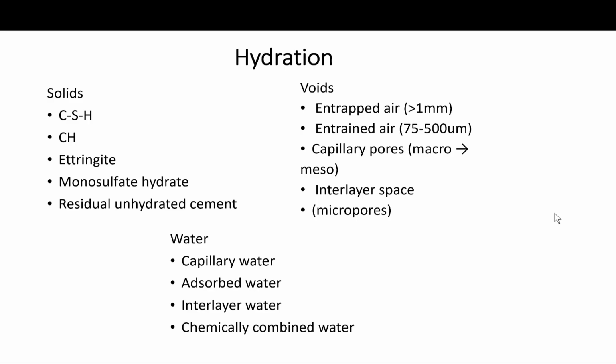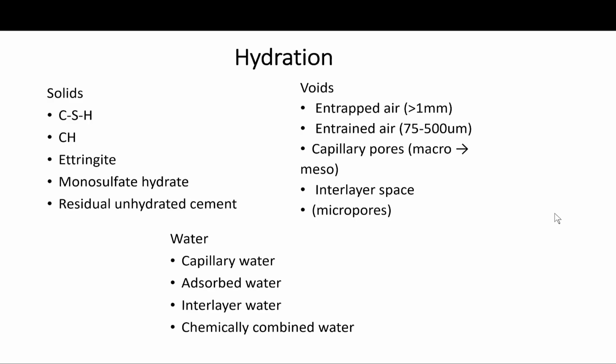In this part, we will briefly review the properties of the individual hydration products. A review of their physical interrelationship will be discussed after we study the microstructure development in coming lectures. Again, this is a summary of the hydration products shown here.